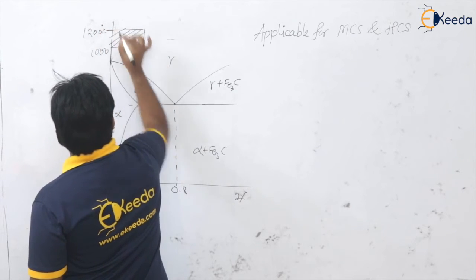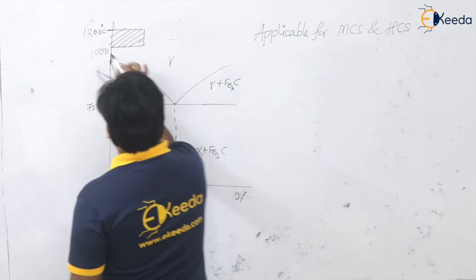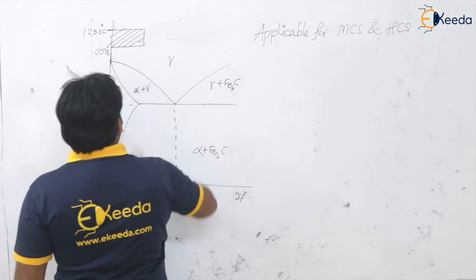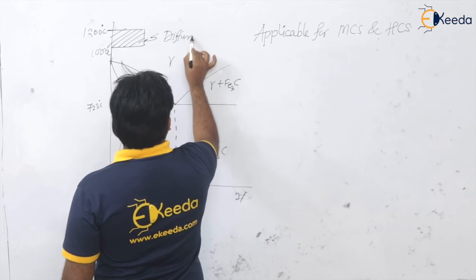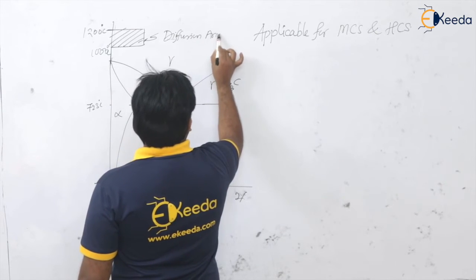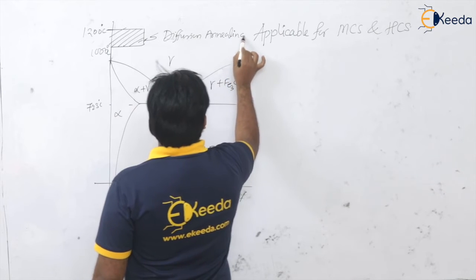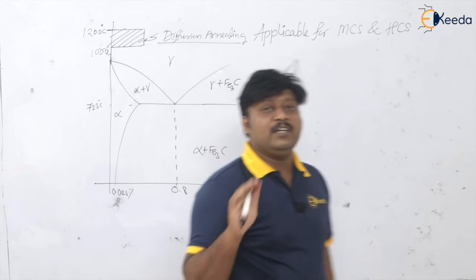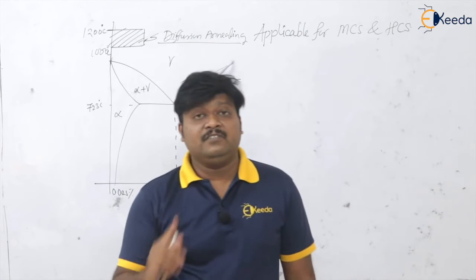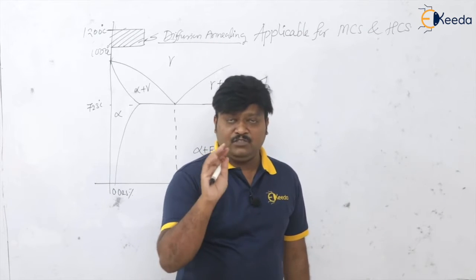So this is our temperature range for diffusion annealing. For diffusion the temperature will be quite high, and for diffusion we require time, as we have seen.